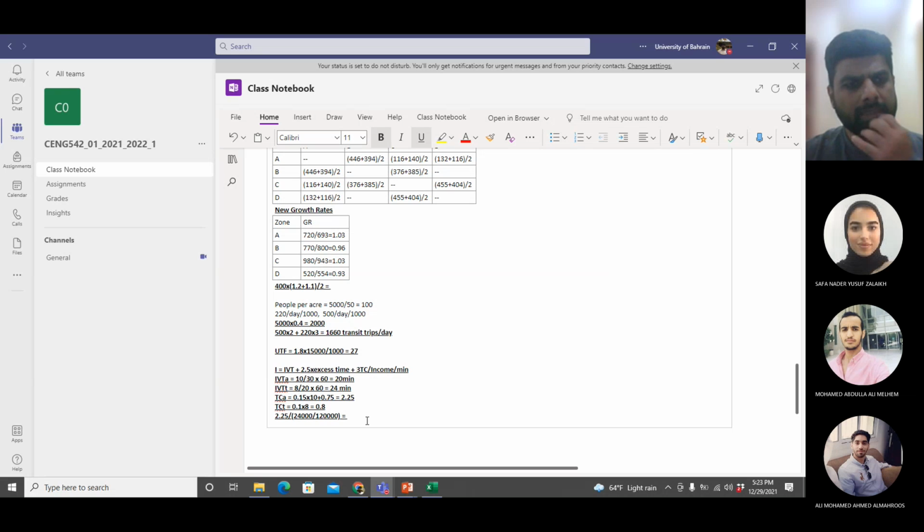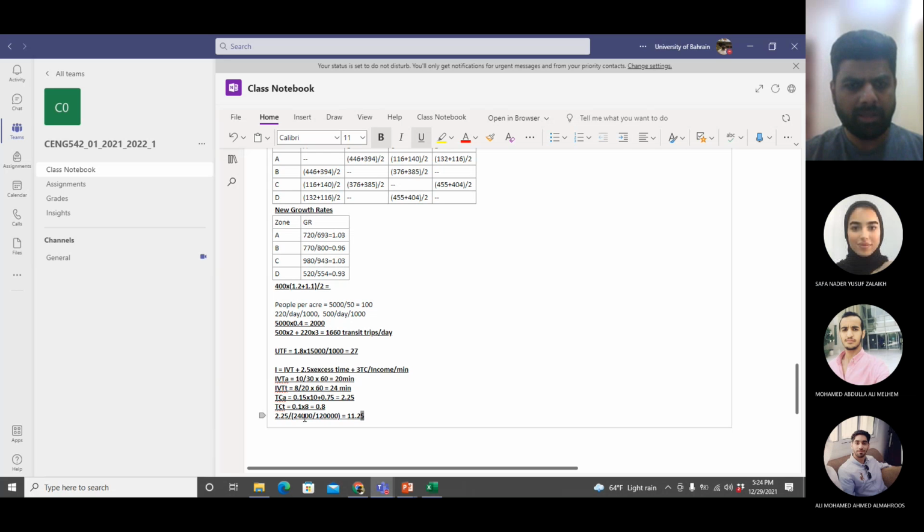How much is this? $2.25 divided by this whole ratio is 11.25.